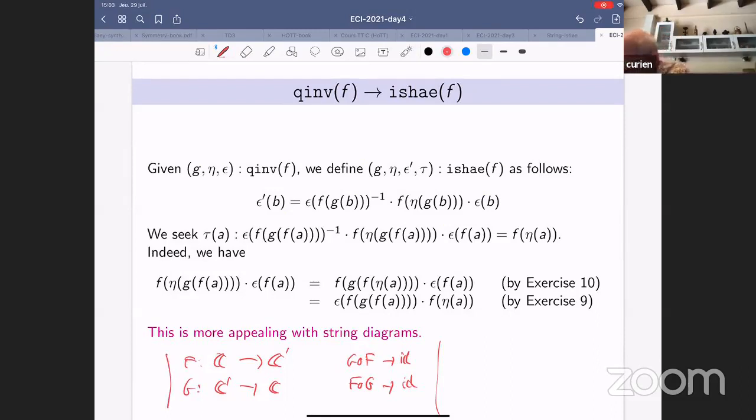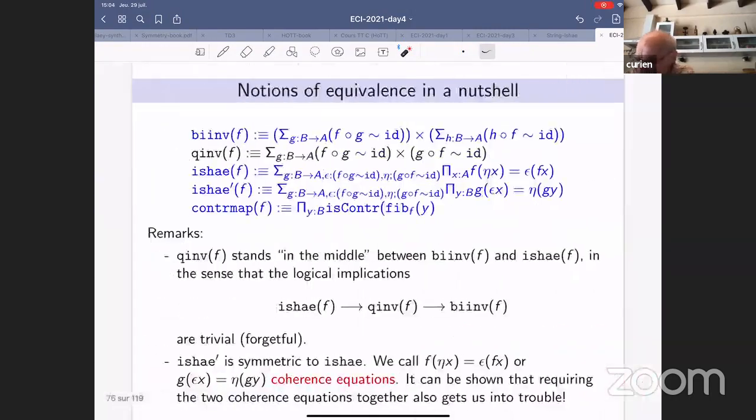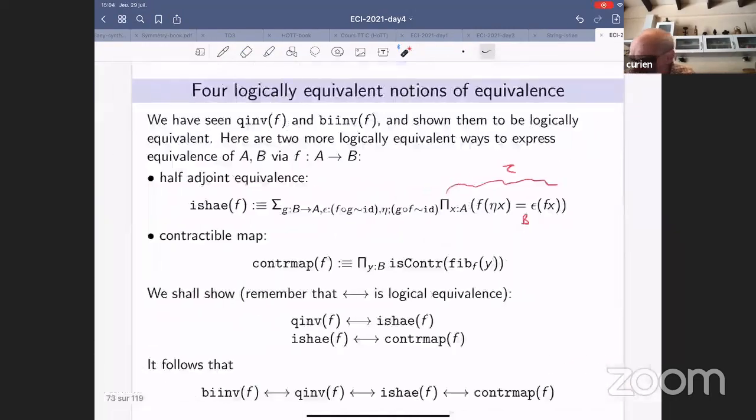The other definition is that two categories are equivalent if I can produce two functors which are adjoint, and with an adjunction come two such natural transformations, and I require moreover that they are isos. The important thing is adjunction here. I didn't tell you exactly what an adjunction is, but believe me, being an adjunction involves exactly this notion of tau here, or a version of it.